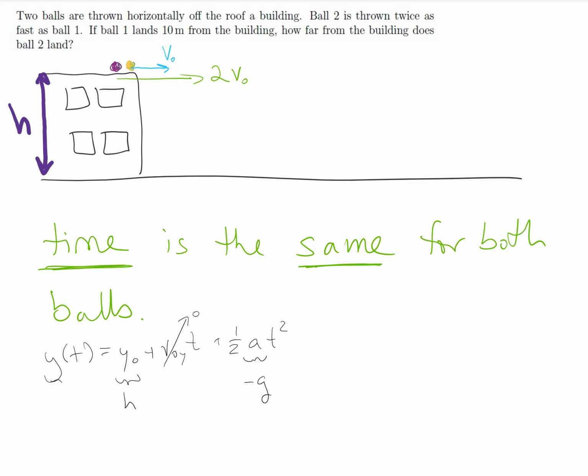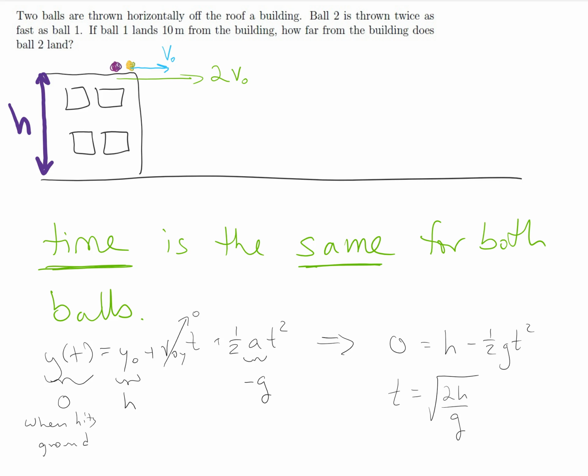And we want to know when the ball hits the ground. Then this equation turns into 0 equals h minus 1/2 g t squared. And what this tells us is that the time is the square root of 2h over g.